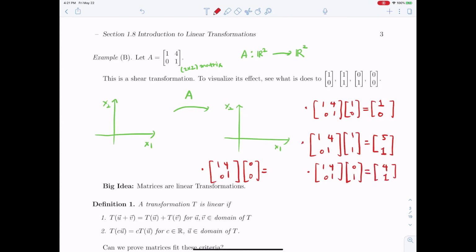The last one is simply 0 and 0. So from these four results, we can tell that A moves the unit square into 1, 0, 5, 1, and 4, 1, and 0, 0. So we get this tilted square. And we call this kind of transformation a shear transformation.